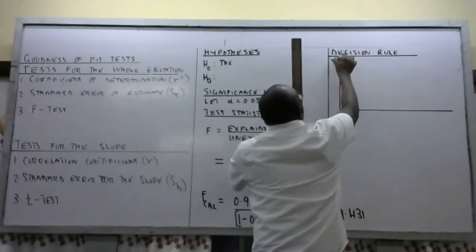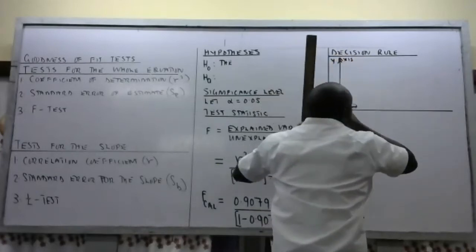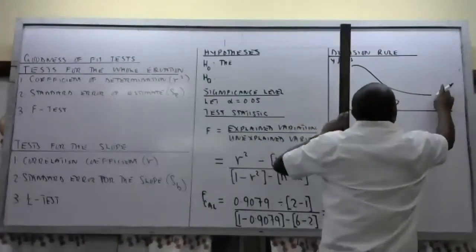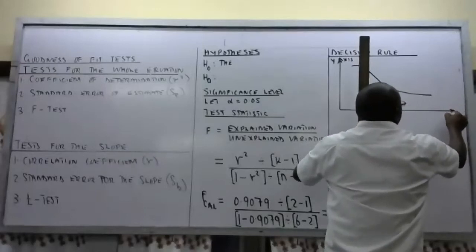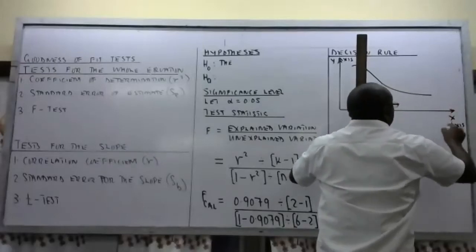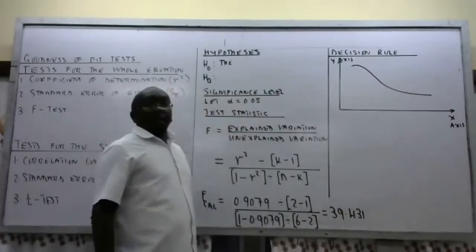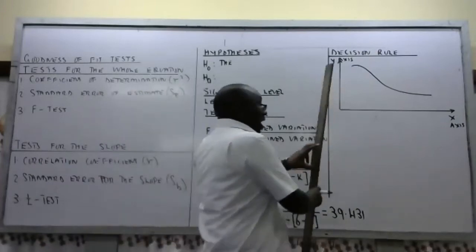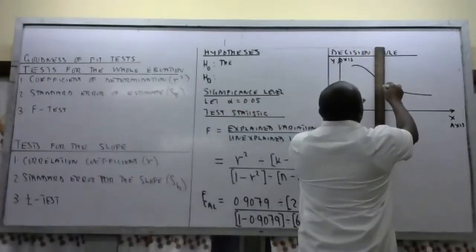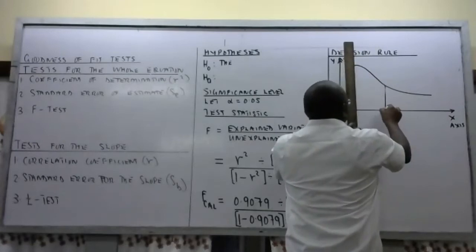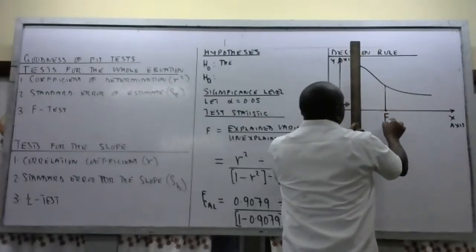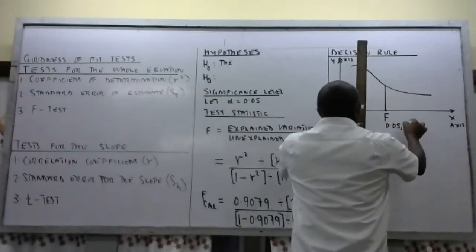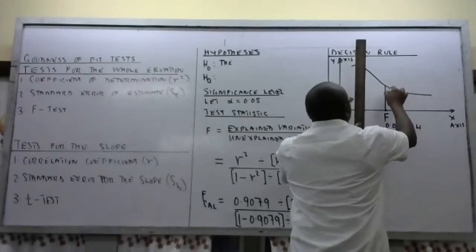This is the y-axis. And this is the x-axis. So here, this is F at 0.05, and 1 and 4.